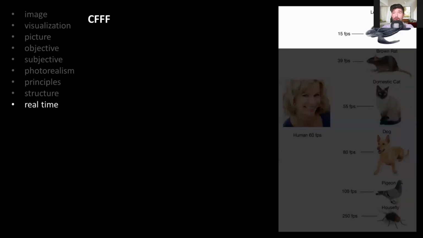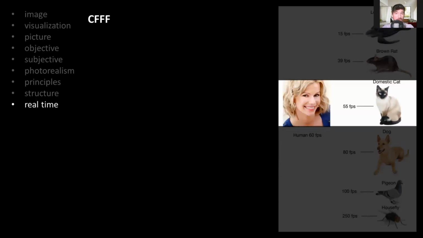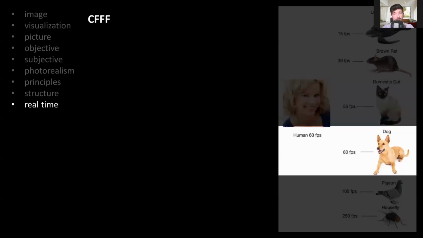For example, a leatherback sea turtle observes reality at 15 frames per second, while cats are similar to humans at 55 frames per second. Dogs are determined to observe reality at 80 frames per second, which is where we can introduce the concept that when you have slow processing, time feels fast, and when you have fast processing, time seems slow.